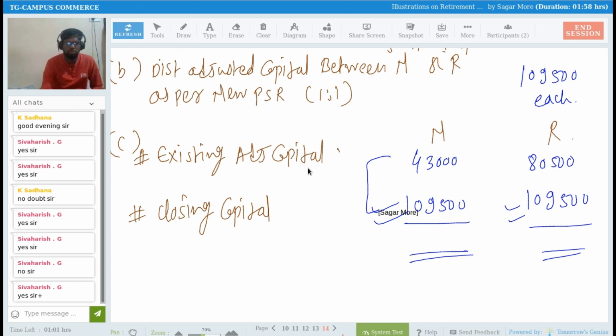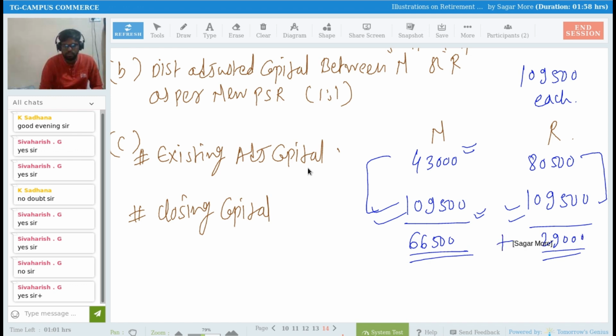Simply I need to see the difference between these two. At present they are having 43,000. They have given 43,000 to the firm, but they're supposed to give a total of 1,09,500. So what is the difference? 66,500 rupees is the difference that they need to provide to the firm. Here, Rosa needs to provide 29,000 to the firm, right?